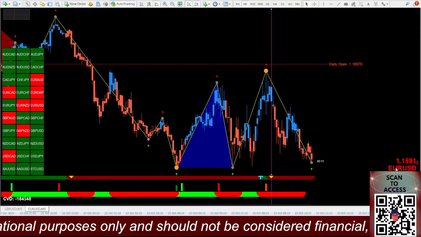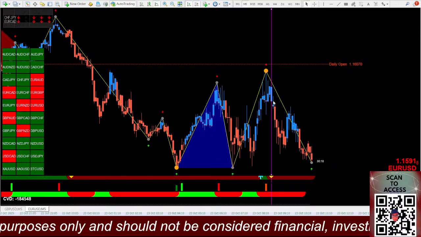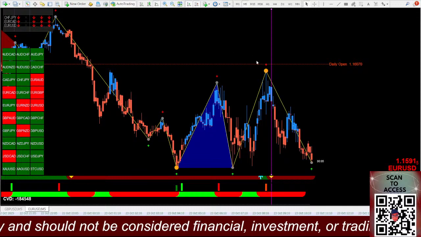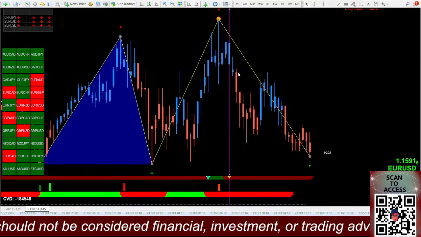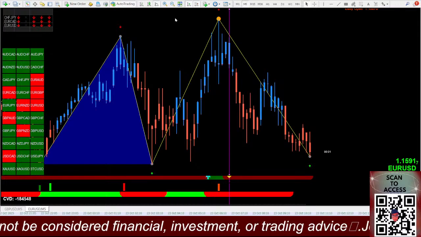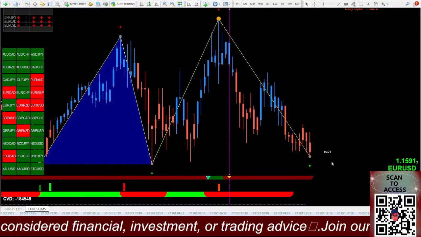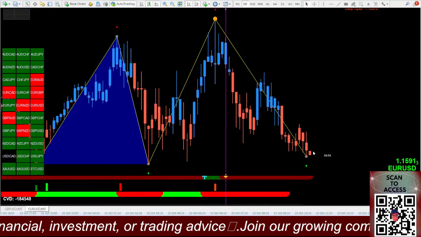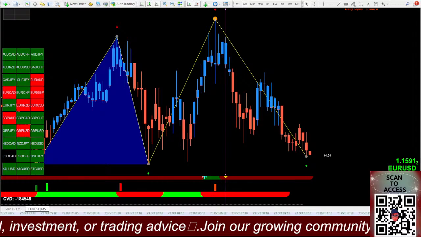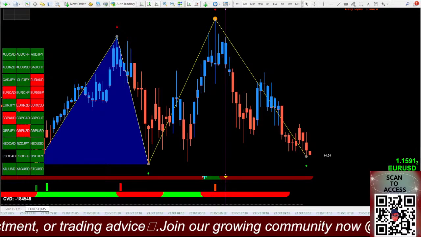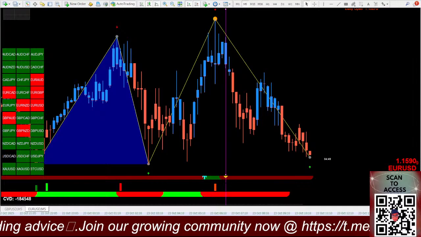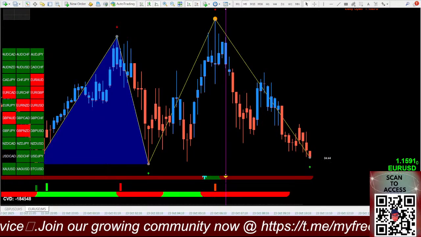So this is Euro USD. Now if I want to take Euro USD entry, I would have taken it from around here too, after the close of this candle. Yes, after the close of this candle, I would have taken my Euro USD, and you can see so far so good. I'm going to show you from another chart that will allow me to see clearly and draw whatever it is that I need to draw.